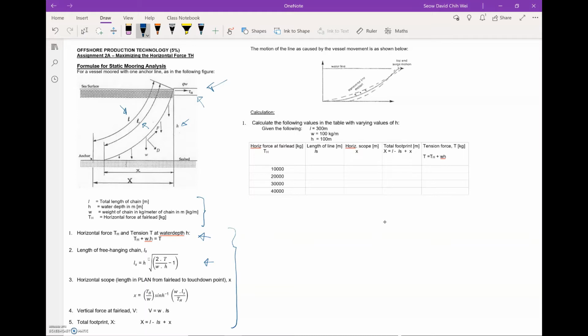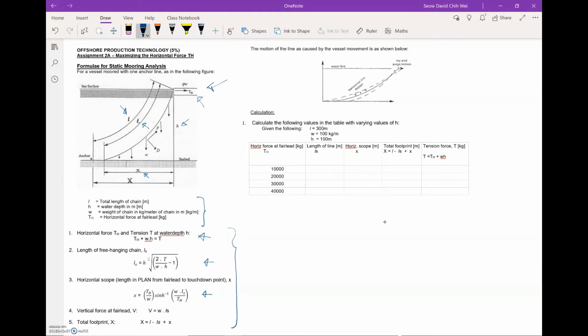Horizontal scope, small x at the seabed, measures from the vessel to the touchdown of the mooring chain.